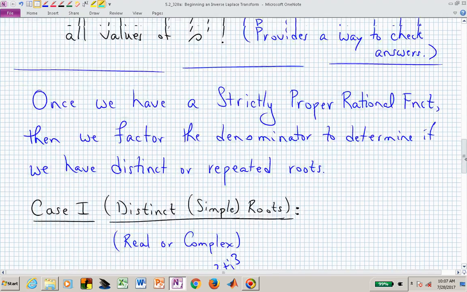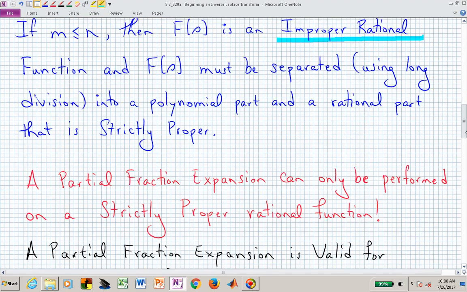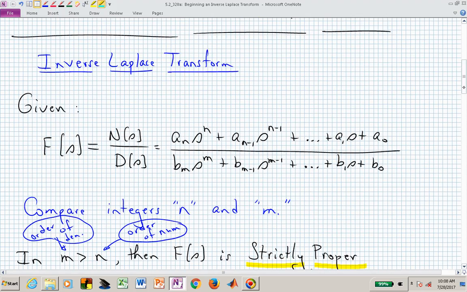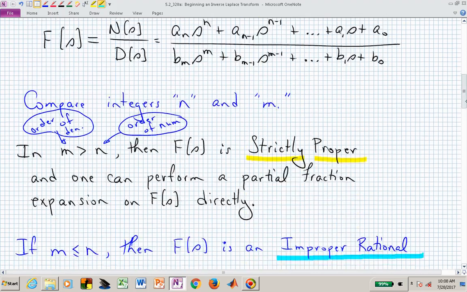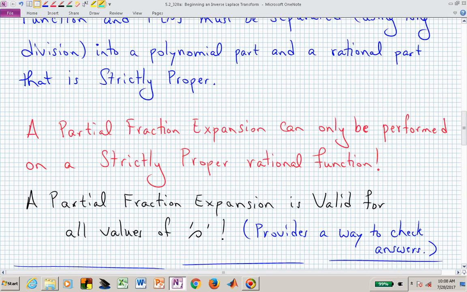Again, just to drive this home, we need to make sure that we have a strictly proper transfer function in order to do the partial fraction expansion. And once we have the partial fraction expansion, we know it's true for all values of s.